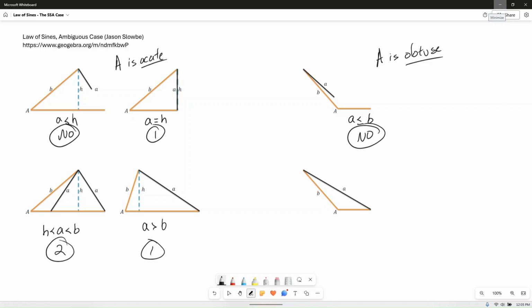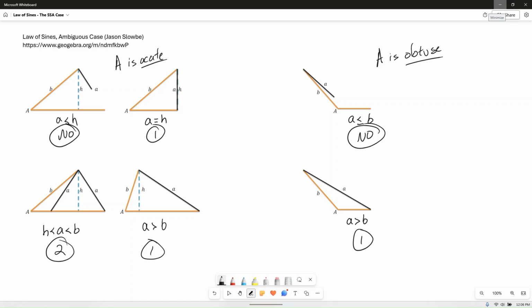And then the other option is if we have an obtuse angle A, if side A is greater than side B, so if it's long enough to actually touch, then we have one triangle. So these are the situations that we have, the categories, the breakdown of the side-side-angle triangles.